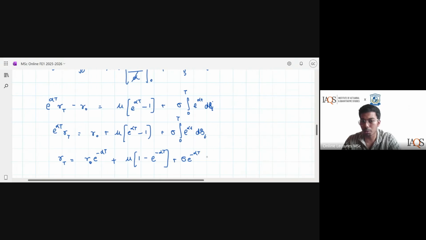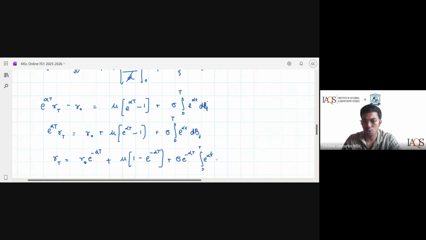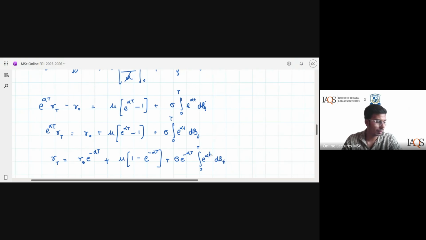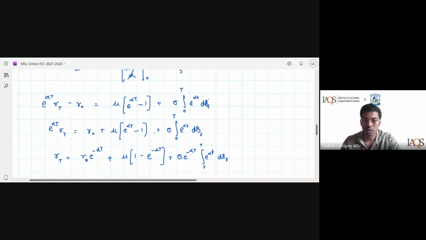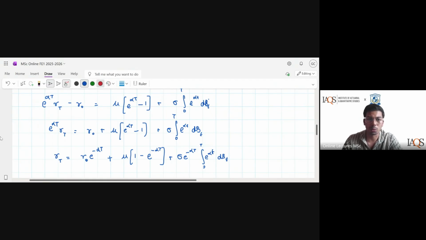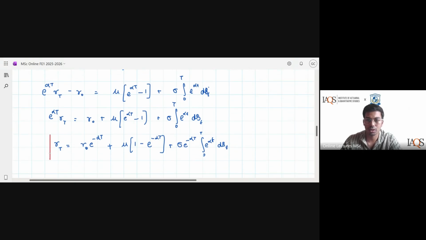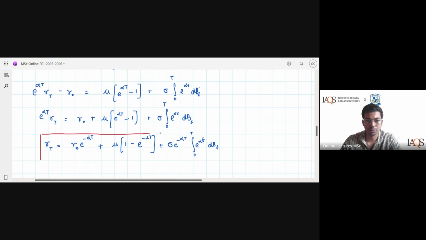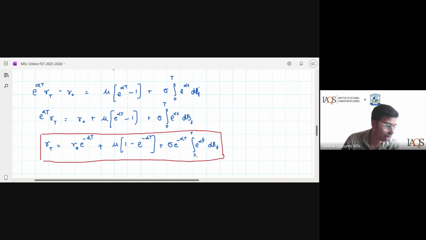Here it's capital T, so I'm not putting it inside; I'll keep it outside only. The integral of e^{αt} dB_t. Any doubts still here? This is nothing but the equation of your interest rate process. Let's see if I've derived it correctly. Yeah, perfect.